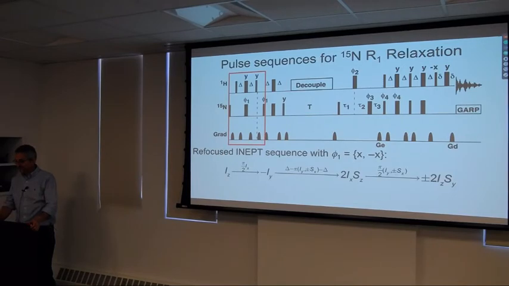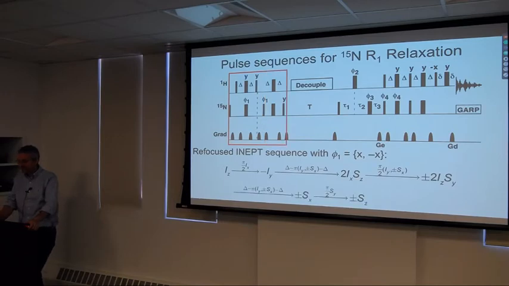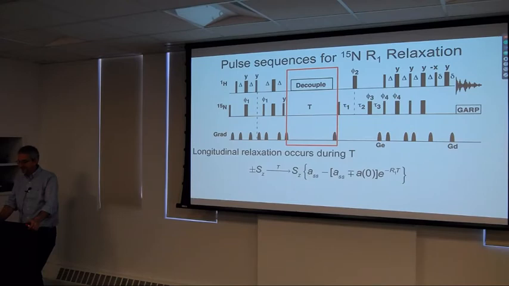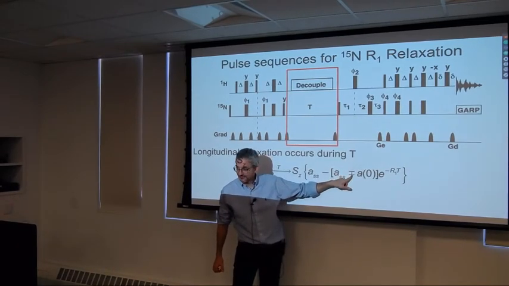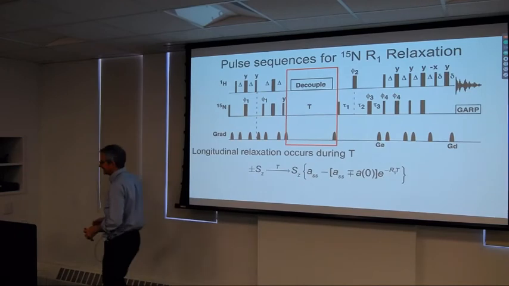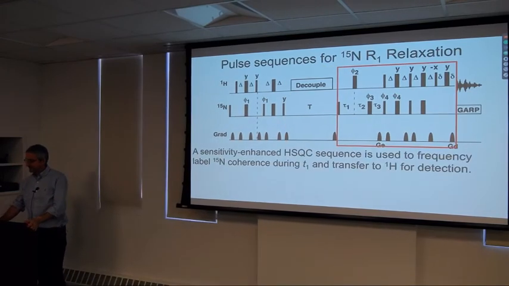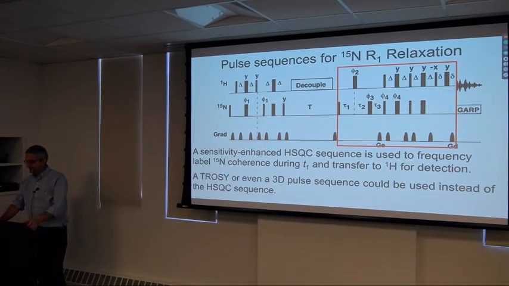So here are some details about the experiment. There's the refocused INEPT. We generate plus or minus nitrogen magnetization. Relaxation occurs during the period. The initial value is plus or minus because of the phase cycling. So then when we subtract we can detect.